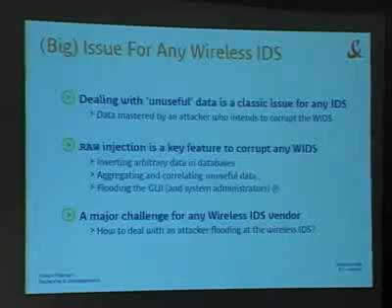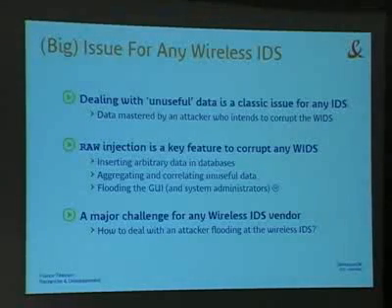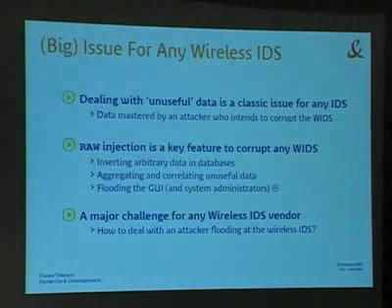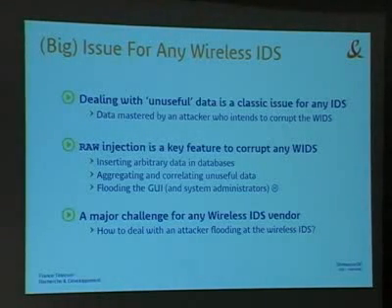All the data is mastered by the attacker, so raw injection can flood the database, the correlation and aggregation engines implemented in WIDS by feeding them useless data, and of course also flood the GUI and the system administrator. So it is a major challenge now, for the past two or three years, for any wireless IDS vendor to implement techniques to mitigate this new arrival of raw injection.